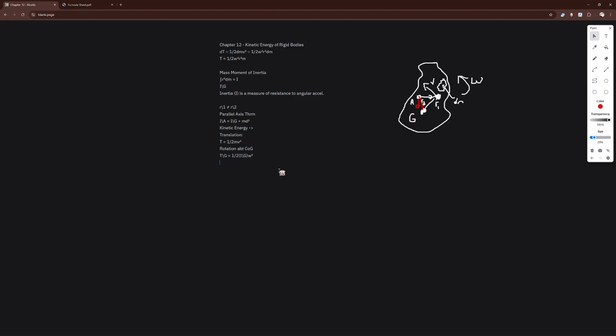And then if we have a rotation about a different point, rotation about not the center of gravity, we're going to get that T is equal to, again, this is the total kinetic energy, and this is a sum, which is T of translation plus T of rotation about the center of gravity, right?